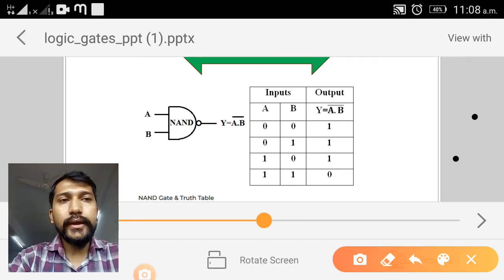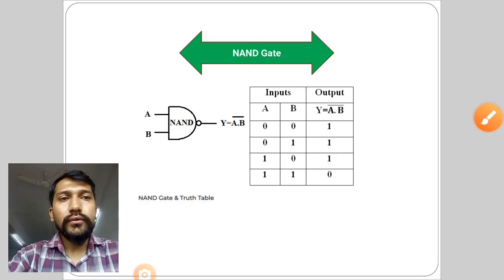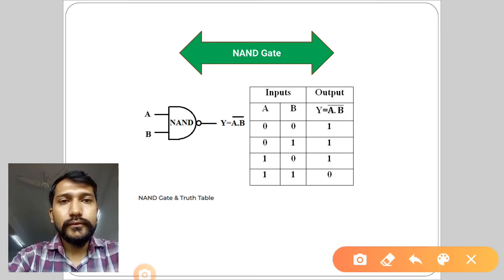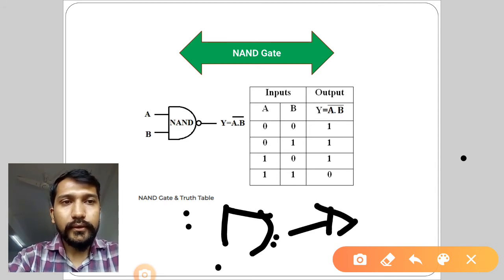This is the symbol of the AND gate. And over here I have to draw a NOT gate.